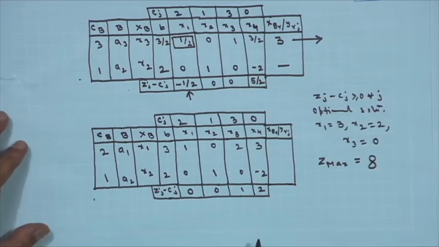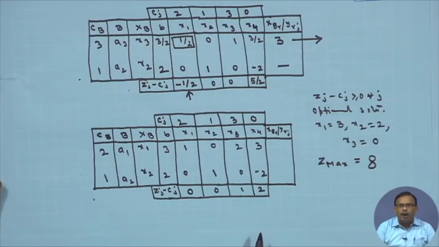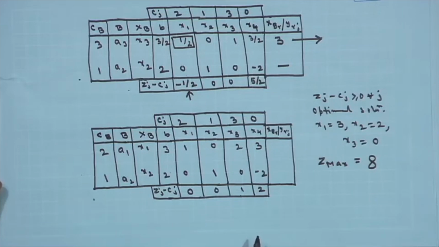The optimal solution is x1 equals 3, x2 equals 2 and x3 equals 0, and the maximum value of z is equal to 8. So, I hope now you have understood how to solve LPP problems using the big M method.